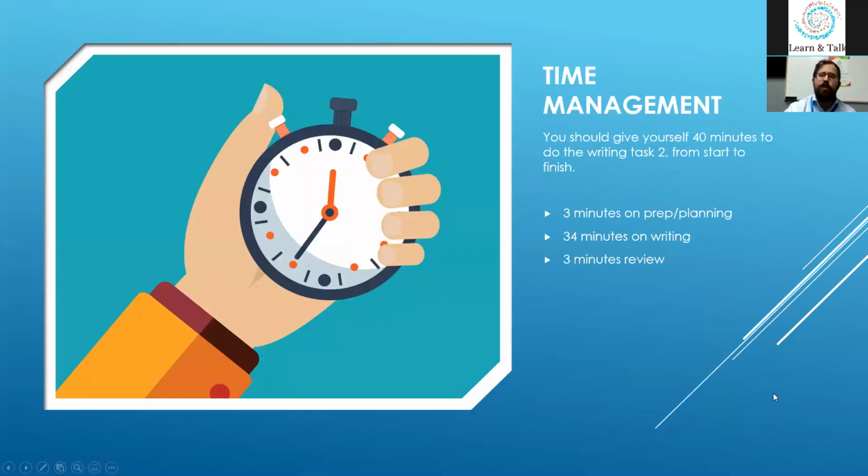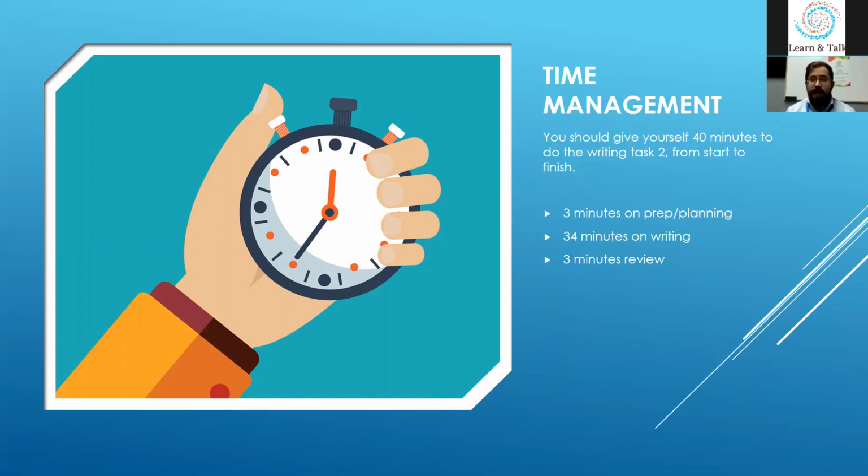So now let's talk a little bit about time management. You should give yourselves 40 minutes to do the writing task 2 from start to finish. This means that you should spend a little bit of time at the beginning and at the end to both prepare, brainstorm, and plan your essay, and a little bit of time at the end to look it over, read it for any spelling mistakes, any grammar mistakes, that sort of thing.